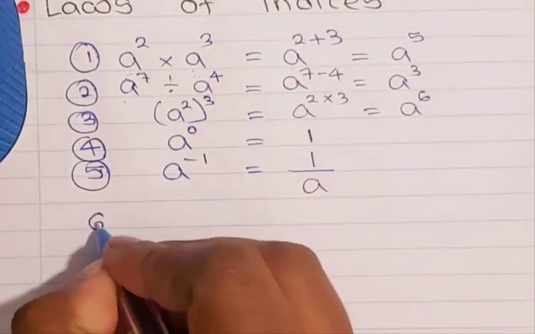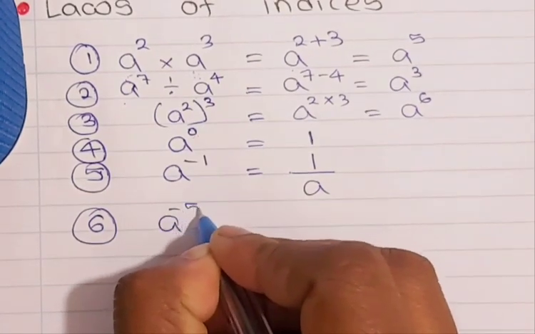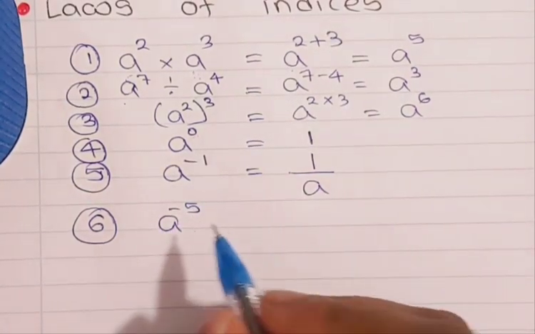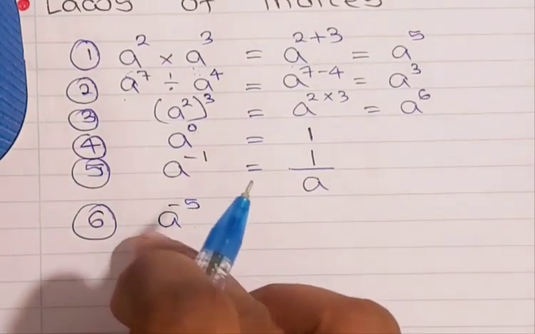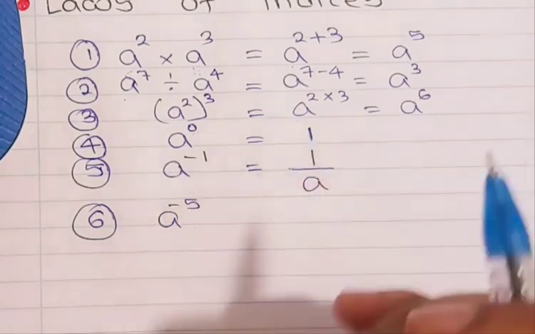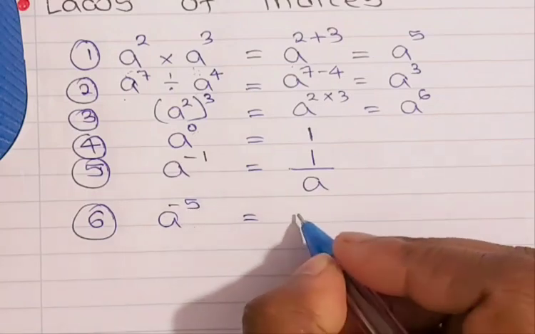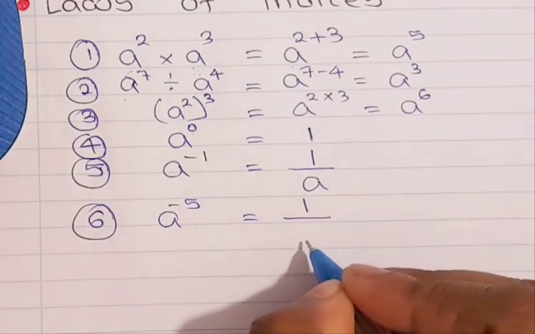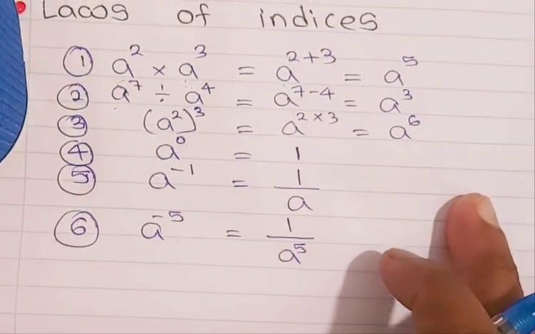So in the sixth one, if it is a to the power minus 5, keep in mind that when you are writing the power, the index should be much smaller than the base, and it should lie on the right-hand side upper corner. So a to the power minus 5 equals 1 over a to the power 5. Okay, so it is coming like this.